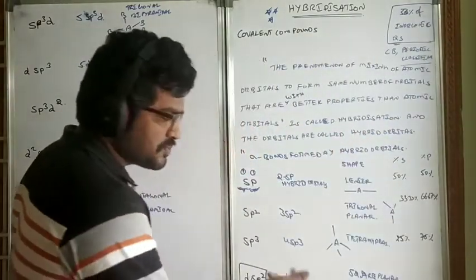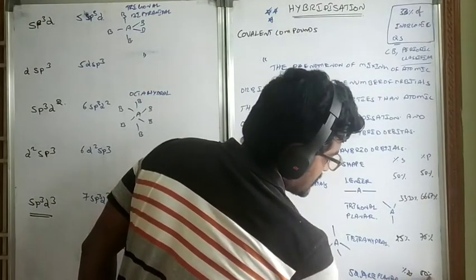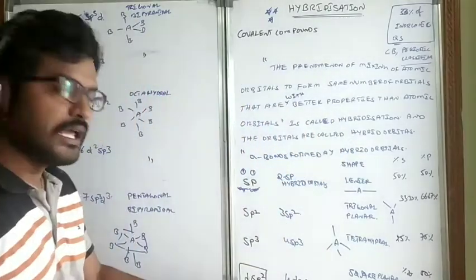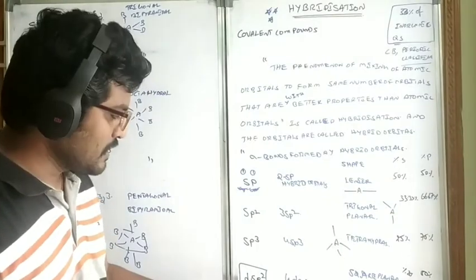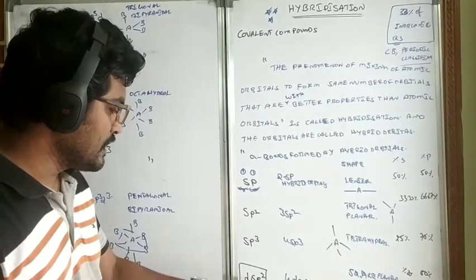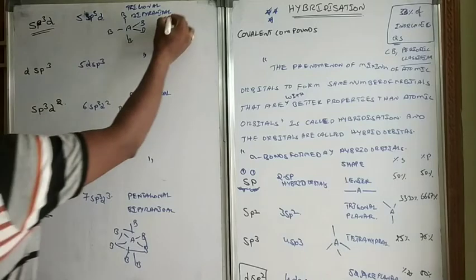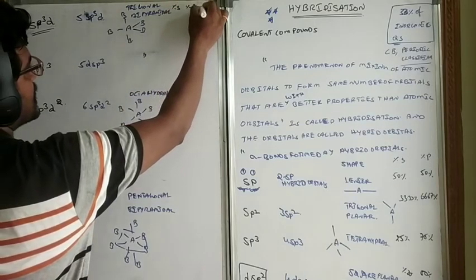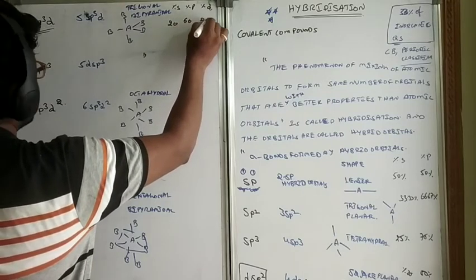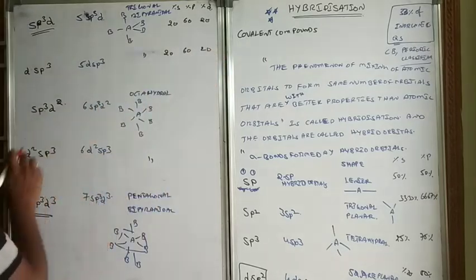Here you see dsp2. S character will be 25%, 50% of p and 25% d. Simply, total orbitals are 4 and the s orbital is 1, so 1 by 4 into 100, d also 1 by 4 into 100, and p 2 by 4 into 100. In this case, 1 by 5 into 100 for the percentage of s, p and d. So 20, 60, 20. Here also 20, 60, 20. sp3d2 is 1 by 6.